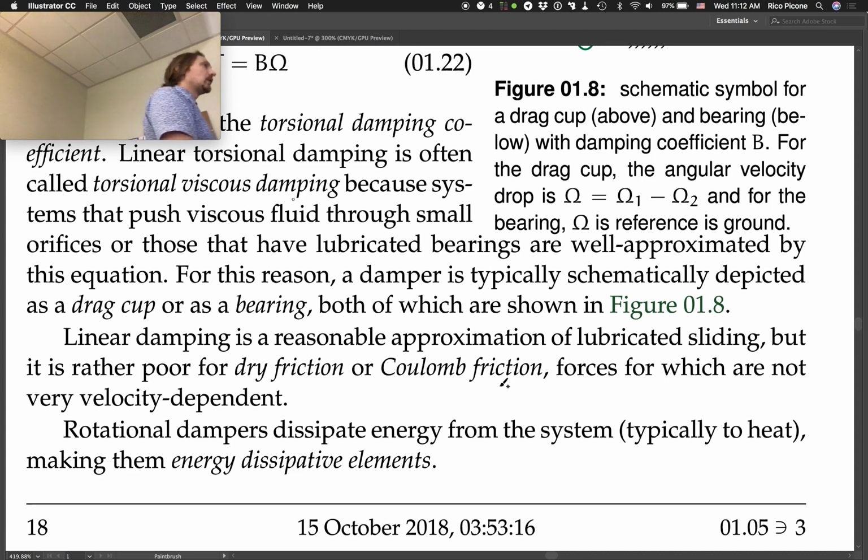And this is exactly what we said for linear damping in the translational domain as well. Dry friction is very poorly approximated by damping in this way, and it's the same with rotational damping.